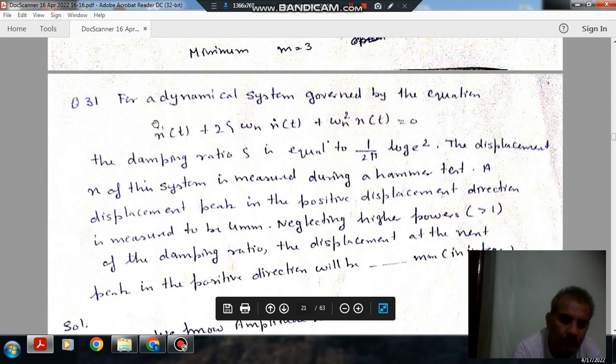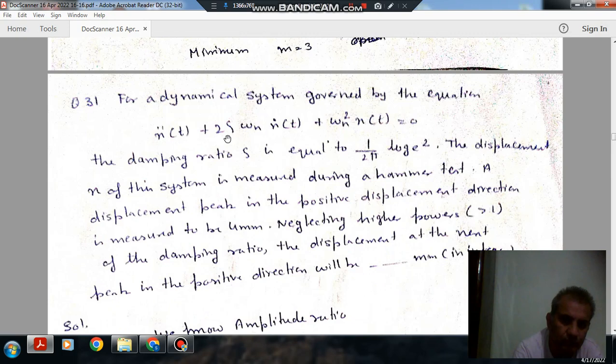Next, for a dynamic system governed by the equation x double dot t plus 2 xi omega n x dot t plus omega n square x t is equal to 0, the damping ratio is equal to 1 by 2 pi log e raised to power 2. The displacement x of this system is measured during a hammer test.